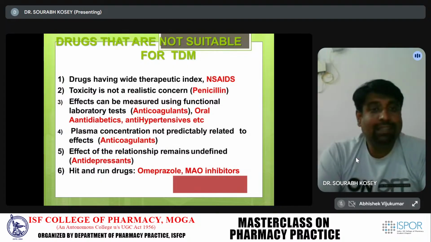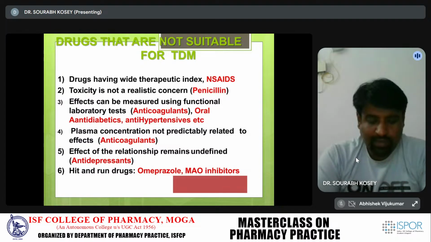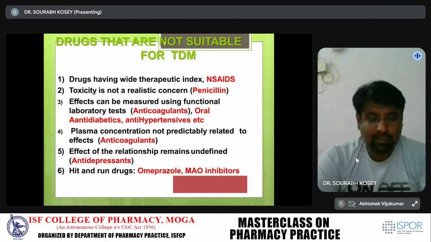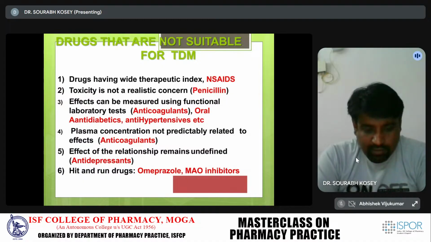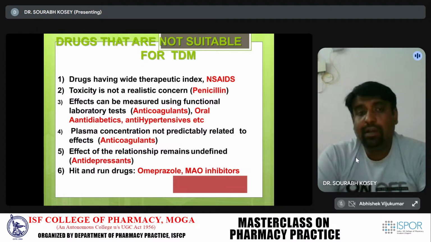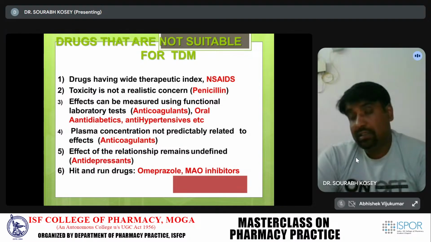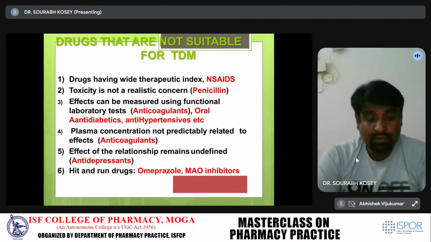And drugs having wide therapeutic index like non-steroidal anti-inflammatory drugs, then toxicity is not a realistic concern. Suppose if I ask about the concentration level where the toxicity is not a concern. So genotoxicity, ICH guidelines, in which we need to see that ICH gave various guidelines regarding carcinogenicity and toxicity, battery test, M test is performed.